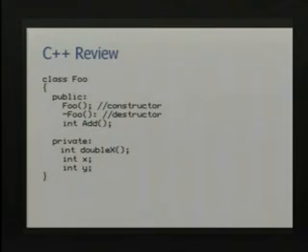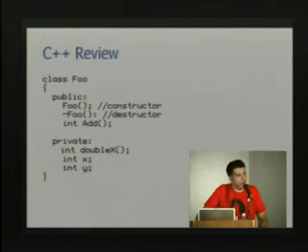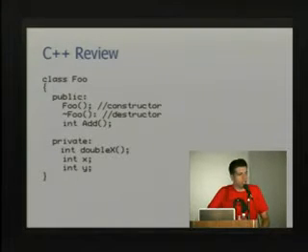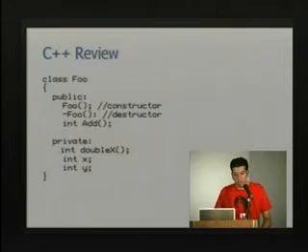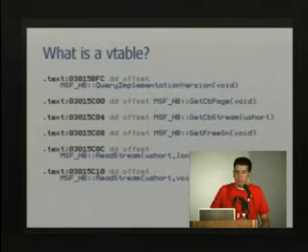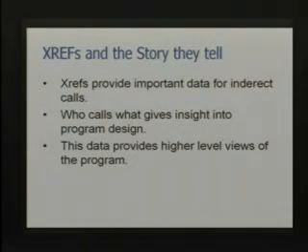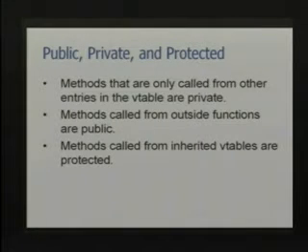So if we have a vtable and we know all the methods within it, and we see that one of the pointers to a function only gets called from other methods, and it never gets called from outside, we know that's a private function or a private method. If we see it being called from outside of the class or object, we know that it's public. And if we see it being called from a vtable that is inherited, we know it's going to be protected. So this is how to determine this.